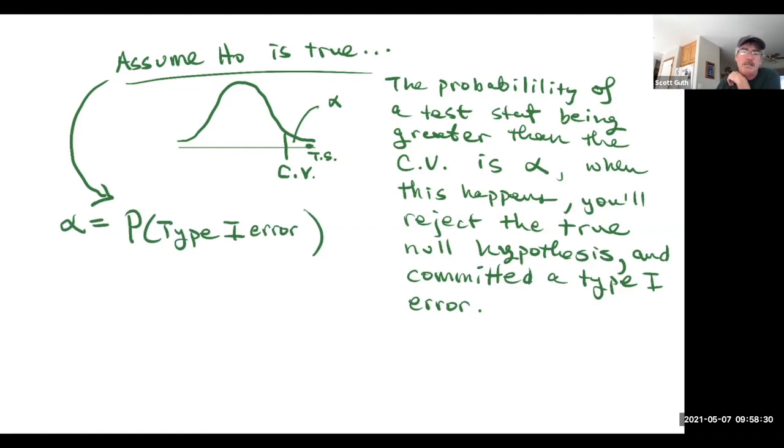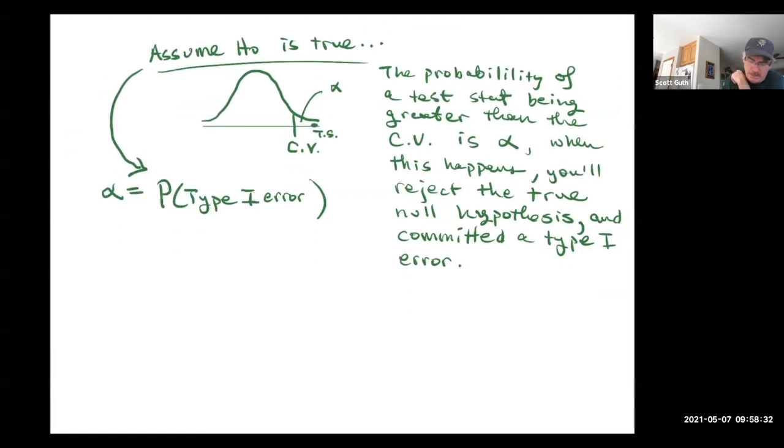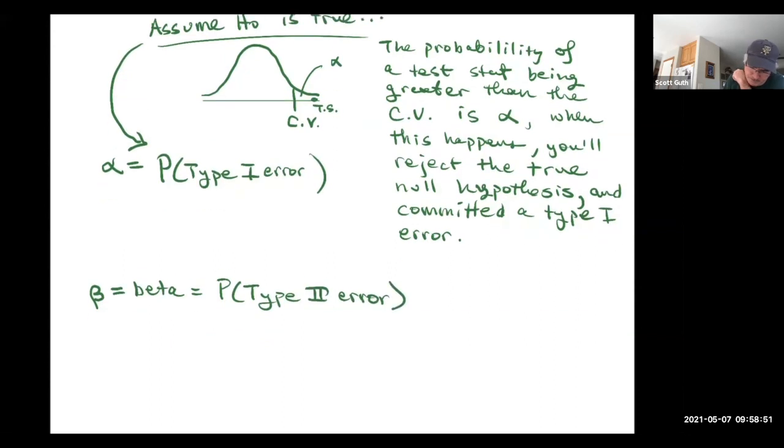Now, beta is the probability of a type 2 error. It's a much more complicated number. Beta, that's the Greek letter, is the probability of a type 2 error. I'm not going to go into a lot of detail on this because I just don't have time. What we know is that smaller alpha forces a larger beta.